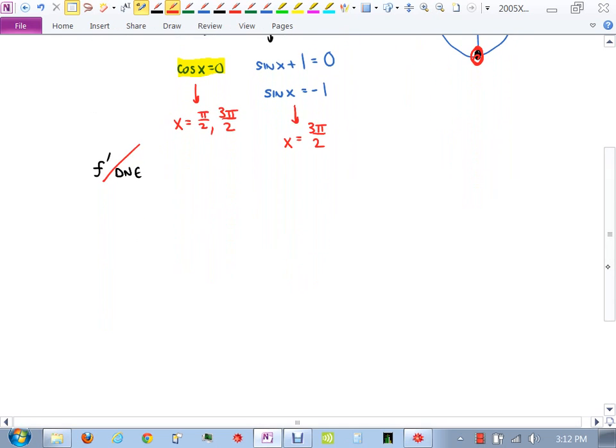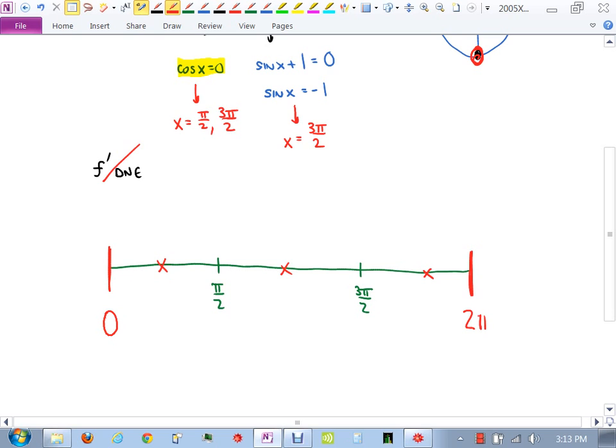So now I'm going to draw a number line. I'm going to put on it pi over 2 and 3 pi over 2. And then I'm going to test points. Now keep in mind, I'm only supposed to be looking between what? 0 and 2 pi.